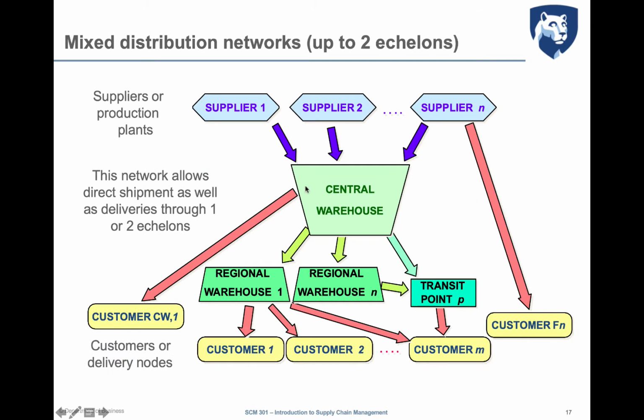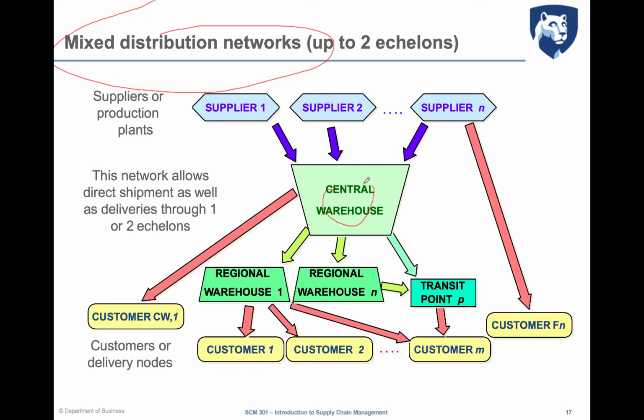Of course, there are cases in which some markets are served through a regional warehouse, other markets are served through a transit point, and other markets are served through direct shipment. In this case, we have a mix, called a mixed distribution network.